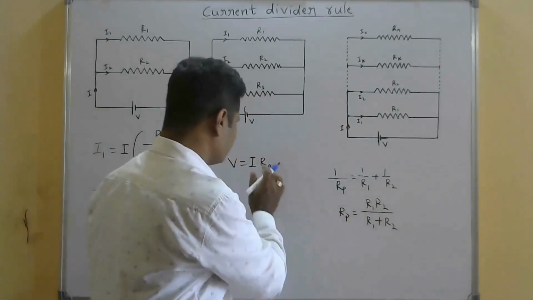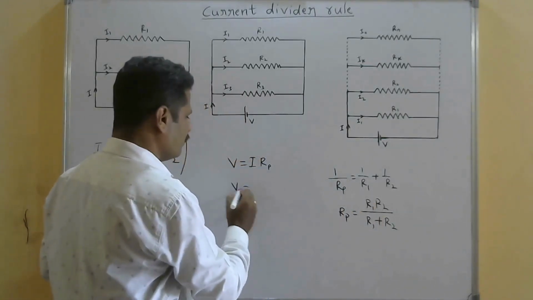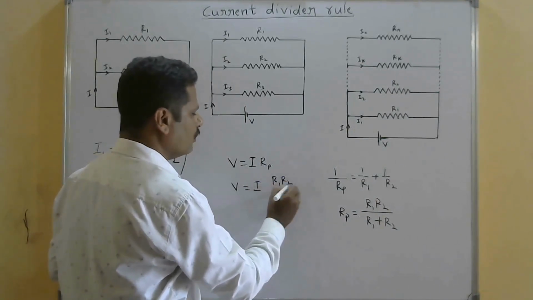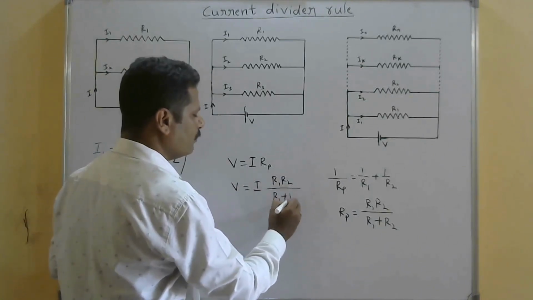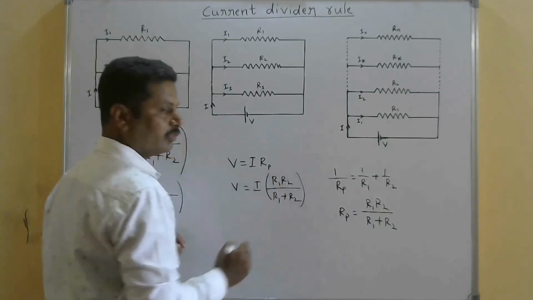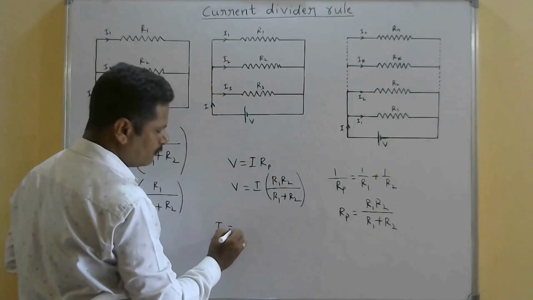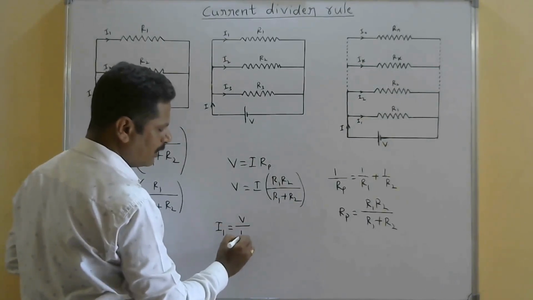If I substitute this here, what happens? V equals I times R1 R2 divided by R1 plus R2. We know from Ohm's law that I1 is equal to V by R1.